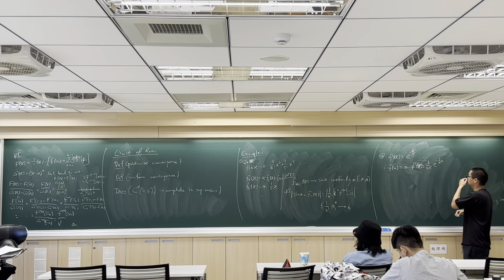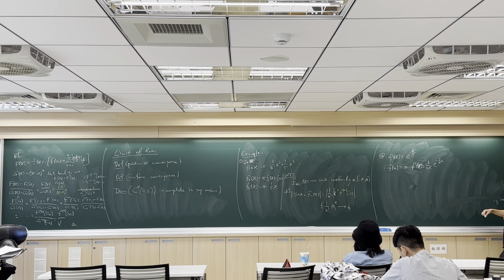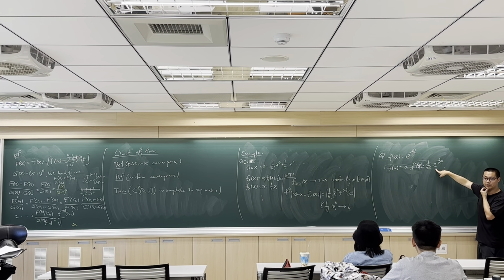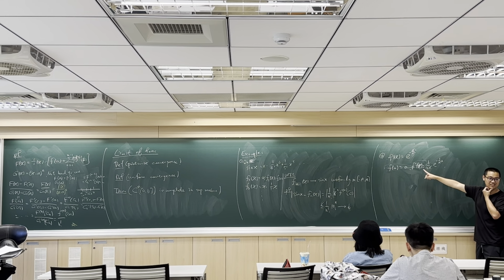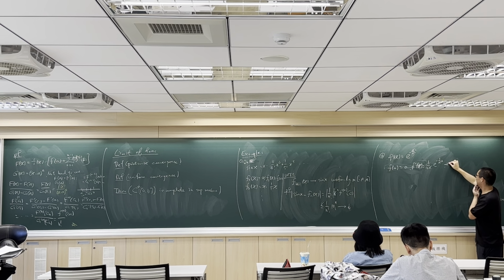Yep. You know that because the exponential is faster than this one, so f prime of 0 equals 0.